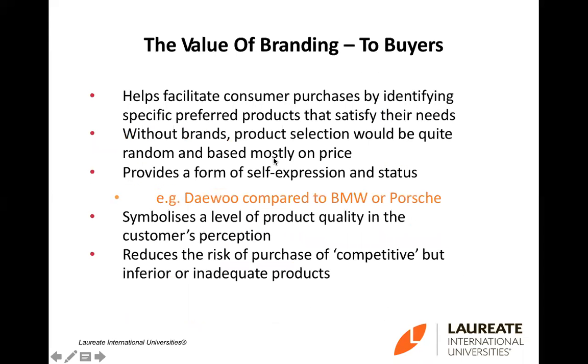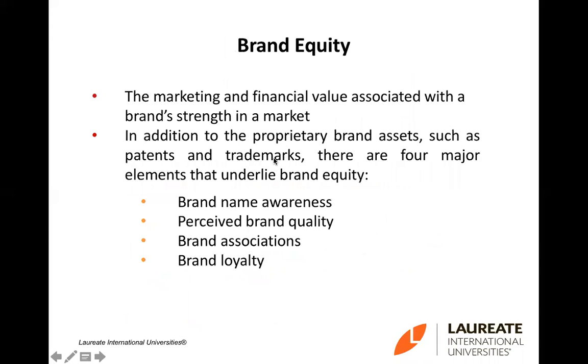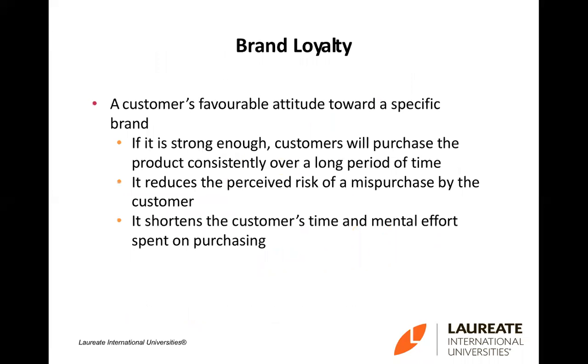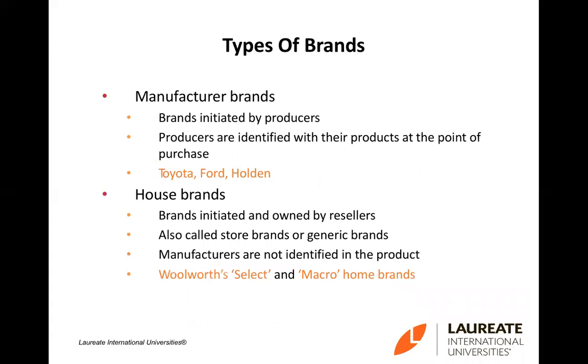Now, in terms of brand strategy itself, it includes the culture of the brand, brand equity, as we discussed before, and also certain strategies such as the manufacturer brands or the house brands.